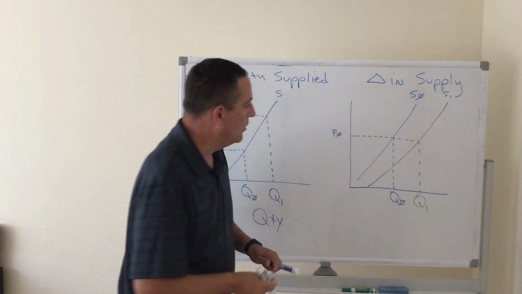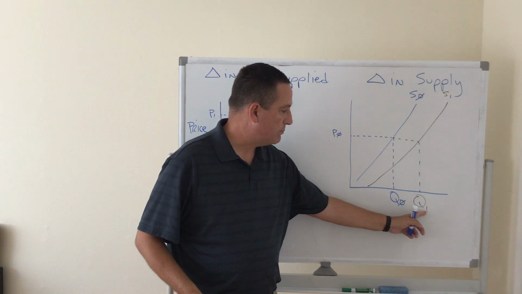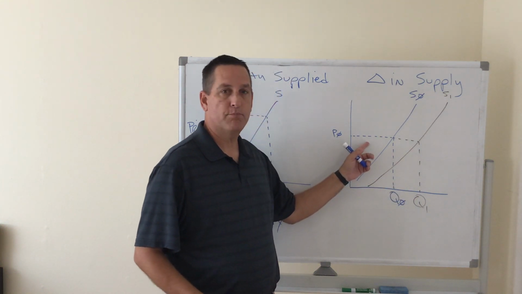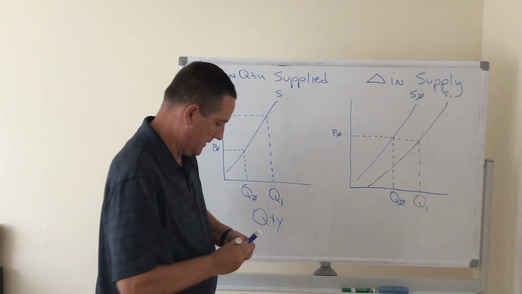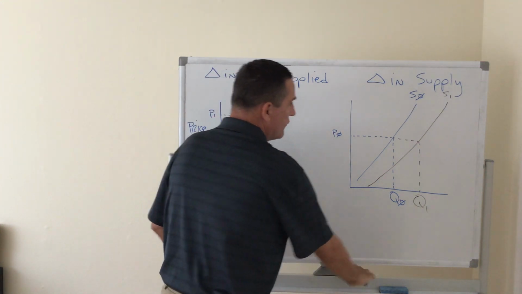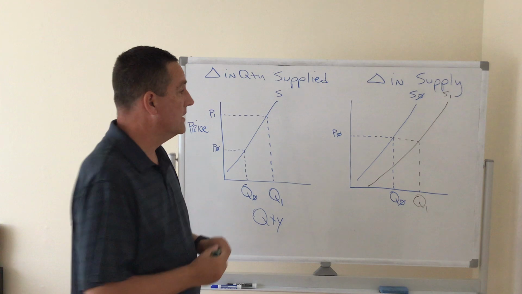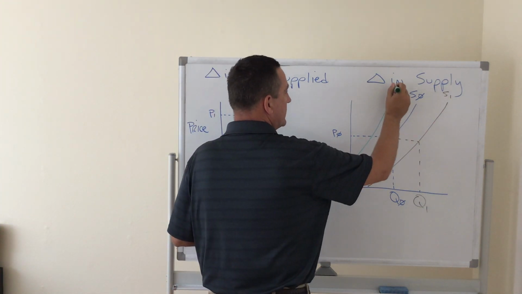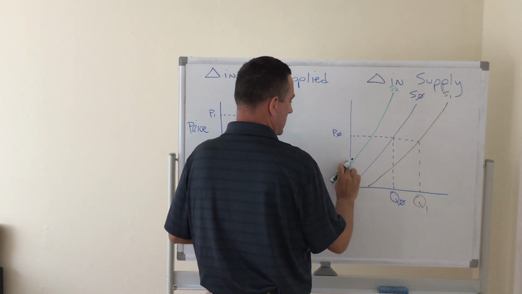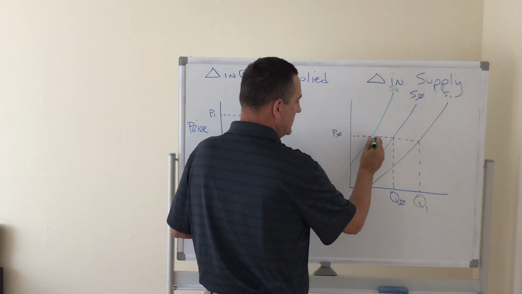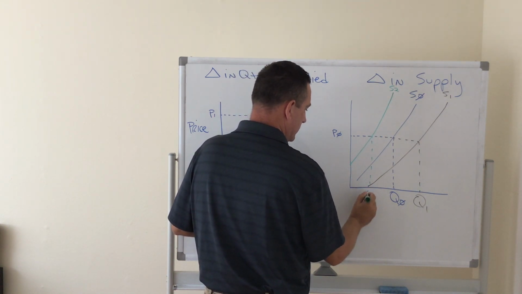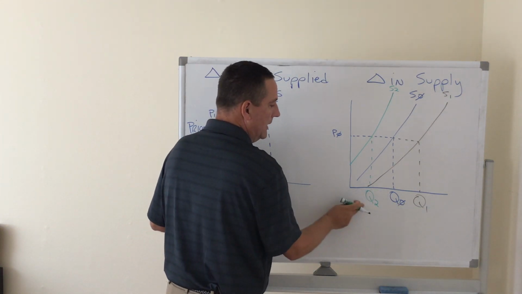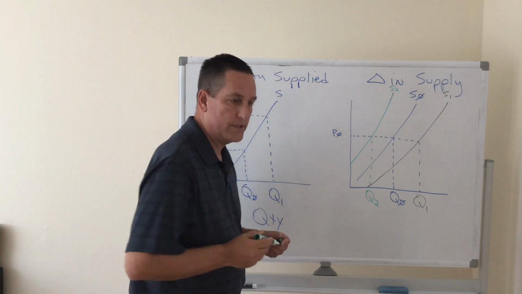You'll see now that the suppliers are supplying more, but at the same price. If the curve shifts to the left, that would be a decrease in supply. S2 would be a decrease in supply, because suppliers are supplying less, but at the same price.